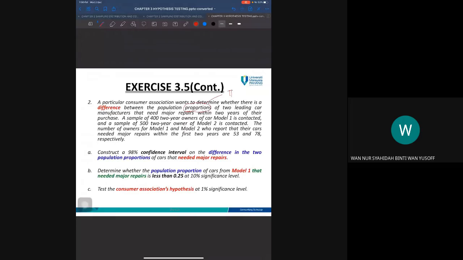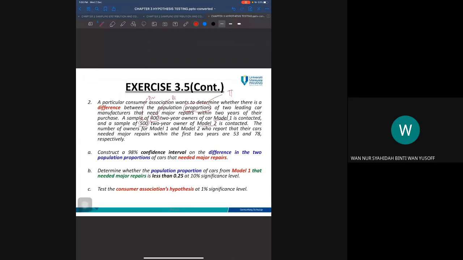Okay, a sample of 400. What is 400 here? N. N. Okay. And for model 1 and then 500 here, N2, which is N for model 2.